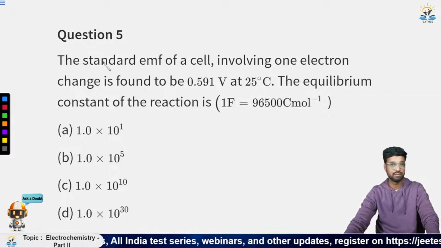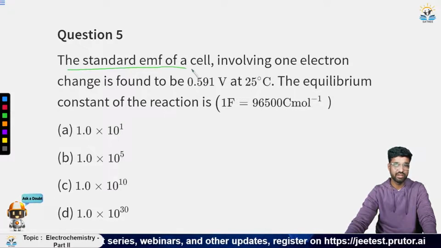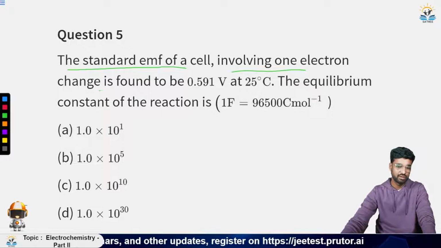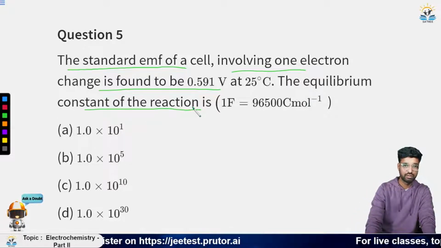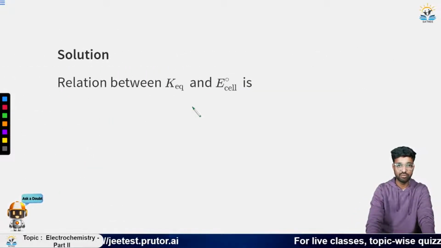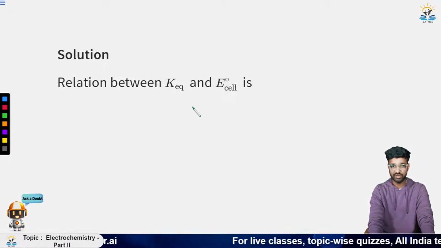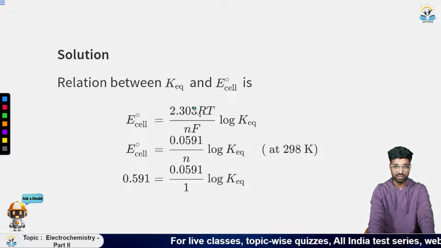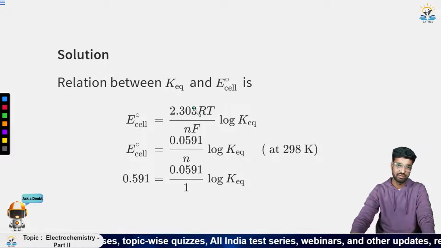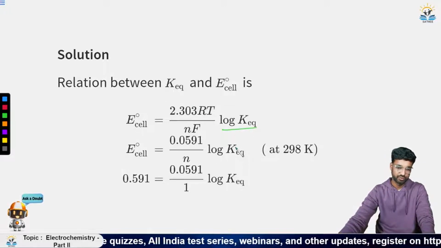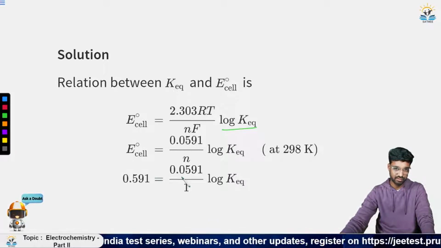Now next, the standard EMF of a cell involving one electron is found to be this. What is the equilibrium constant? The standard EMF, that is the E naught value, is given, and we know the relation between K equilibrium and E naught. E naught is equal to 2.303 RT by nF log K equilibrium. So we put this value of E naught cell.